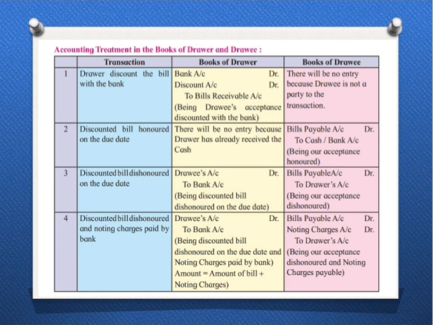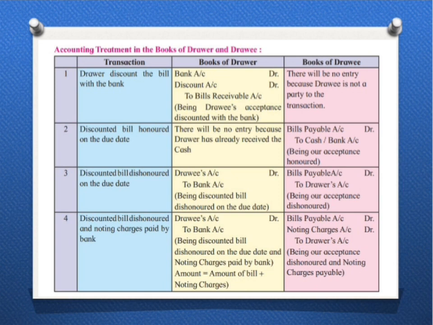Next, the accounting treatment in the books of drawer and drawee. Transaction: drawer discounts the bill with the bank. In the books of drawer, he receives the amount of cash from the bank. So bank account debit, discount account debit, to bills receivable. And in the books of drawee, there will not be any entry because the drawee is not a party to the transaction.